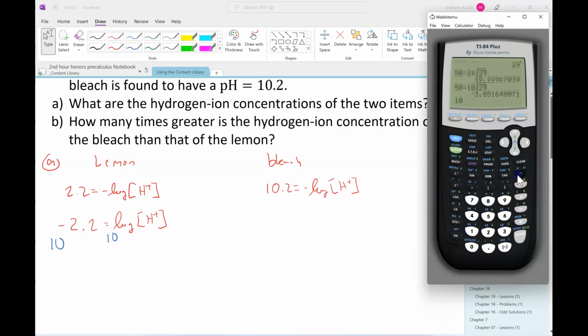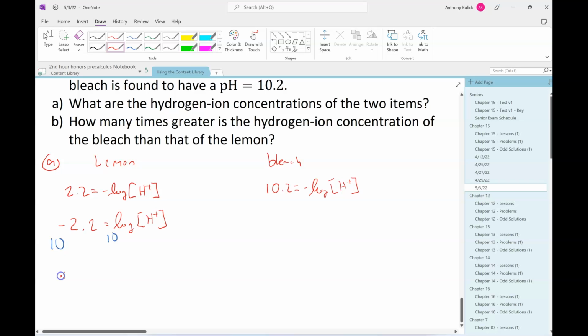So 10 to the -2.2 is 0.00631. Or I can call that 6.31 times 10 to the -3.